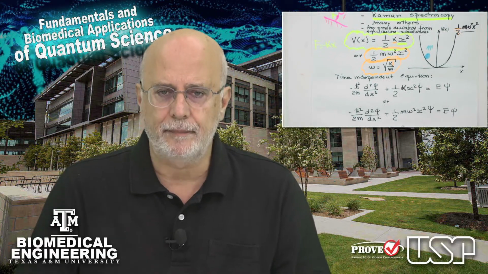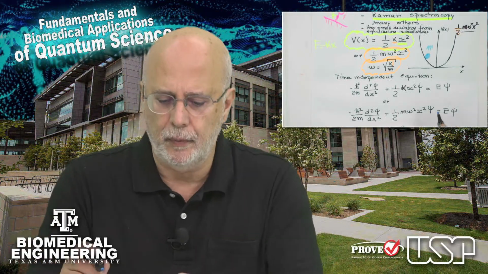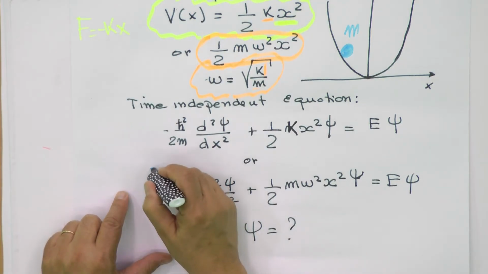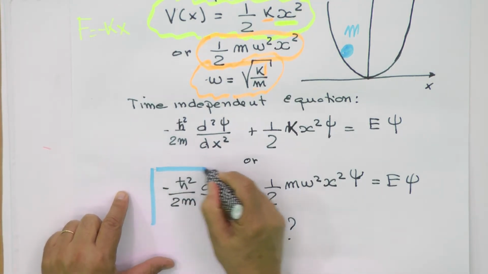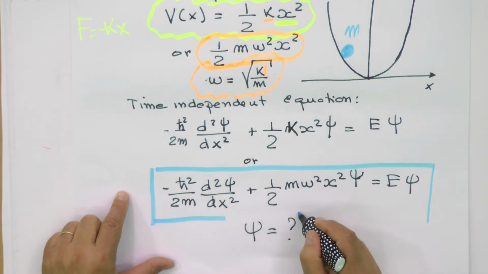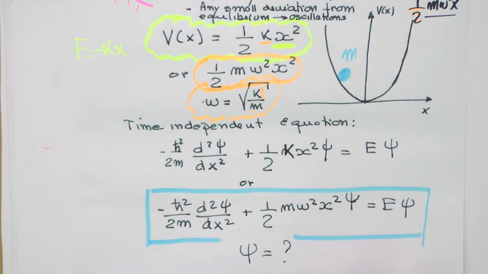Okay, so as always, we're going to start with the Schrödinger equation, which is the equation that gives us the wave function, which represents this matter wave in this harmonic oscillator.